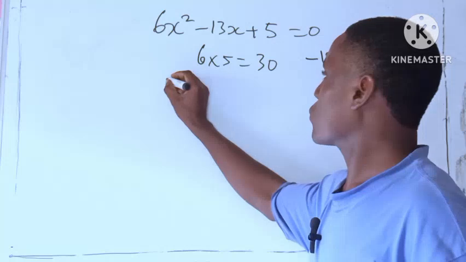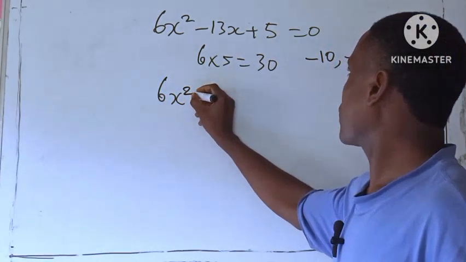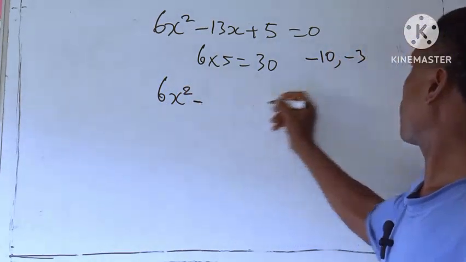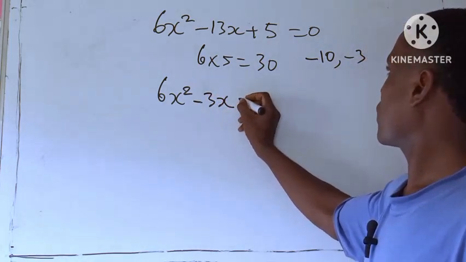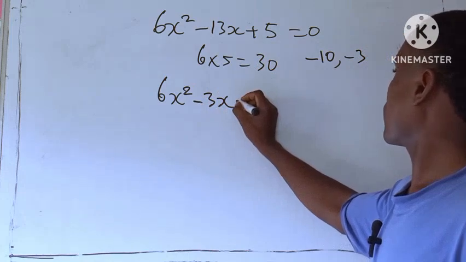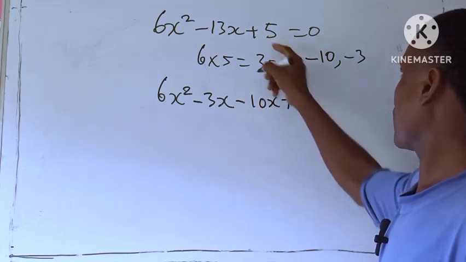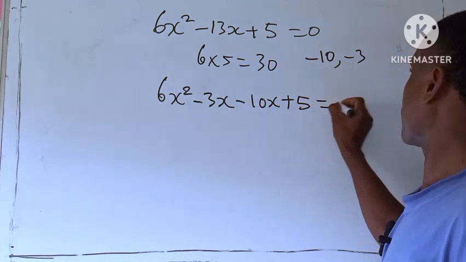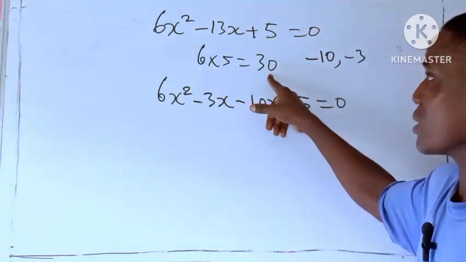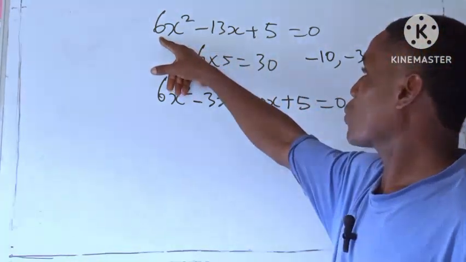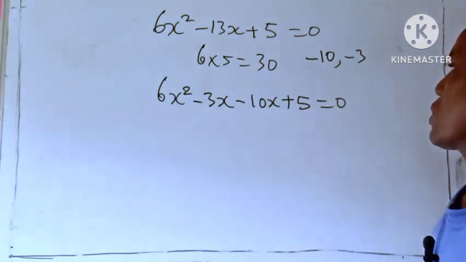So it will now be 6x squared, minus 3x, then we put the next number, minus 10x, plus the last number, which is 5, equals 0. You are not adding this 30 again. This 30 is the result of the multiplication of this first term and this last one. So take note.